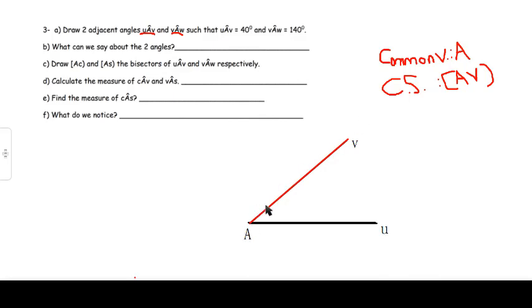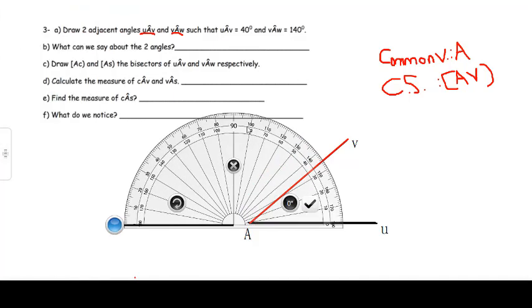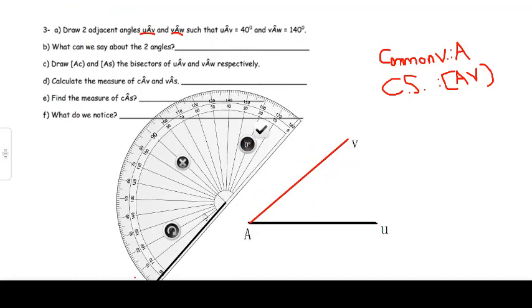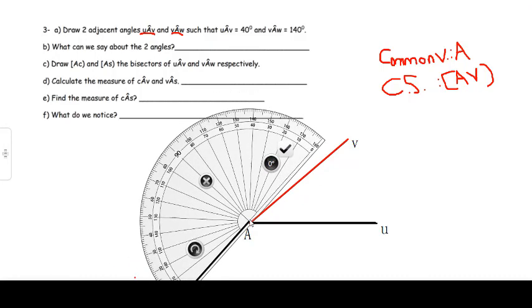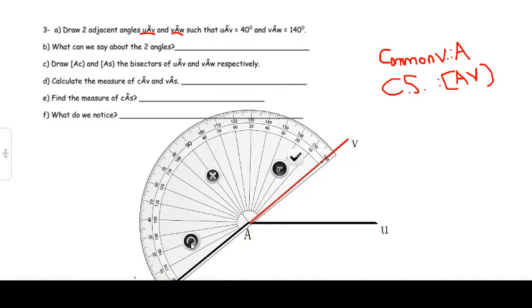I'm going to continue the adjacent angle on AV. So I put my protractor. This is my protractor. I have to line it up on AV to draw the second angle. Put the T shape on the vertex and put the 0 with AV. And we measure 140 degrees.